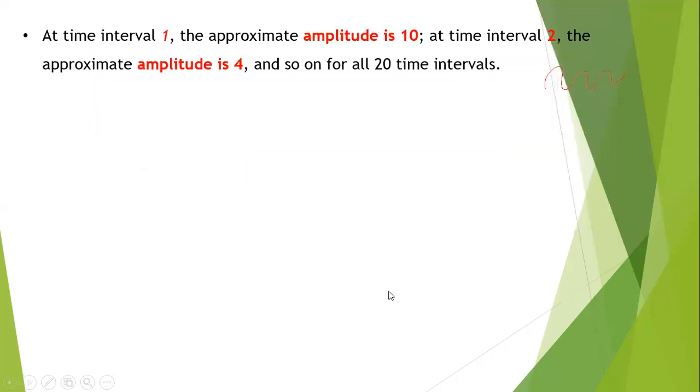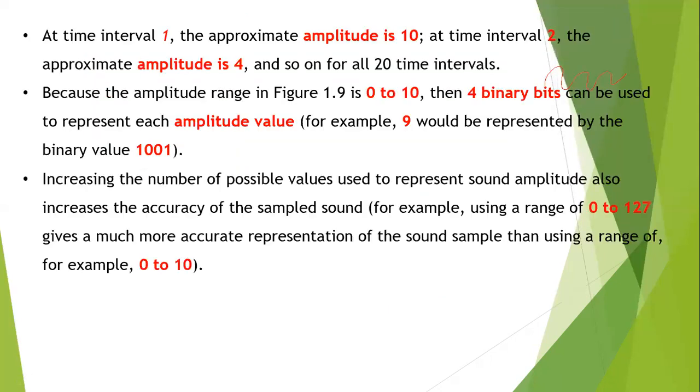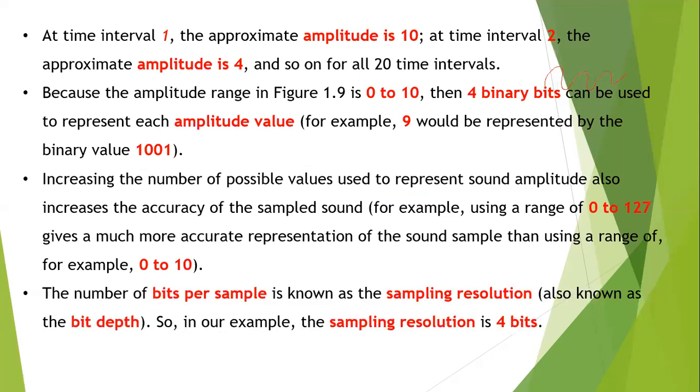The main reason is to increase the number of samples in a given time period. Is this point clear? The number of bits per sample is known as sampling resolution, also known as bit depth. In our example, the sampling resolution is 4 bits. So it is also called bit depth.